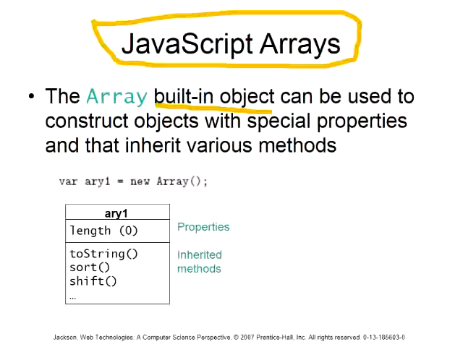That means we can write var, a name of a variable, equal new Array. In this case we construct an array with a length equal 0, an empty array, and we can use toString, sort, shift, many methods for this array.